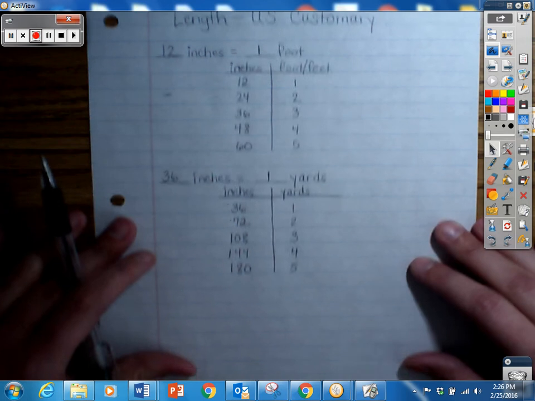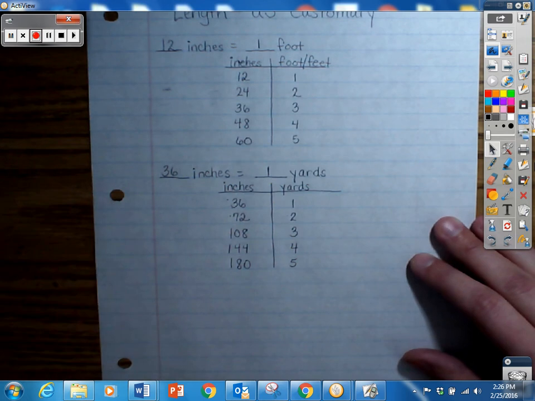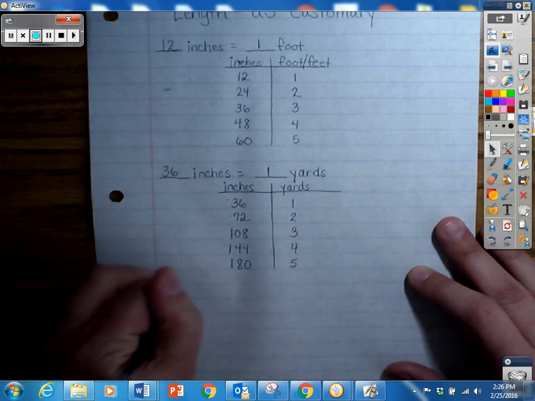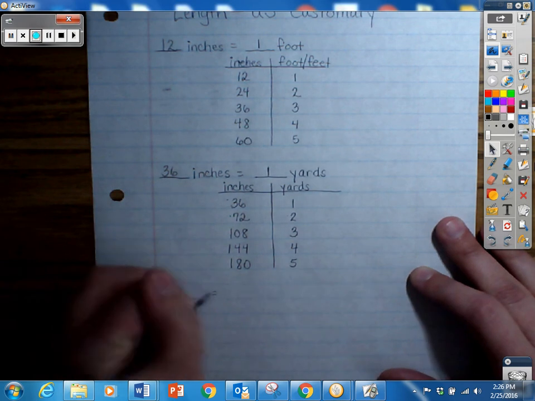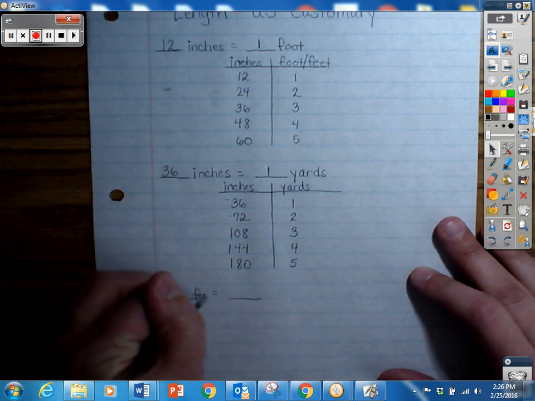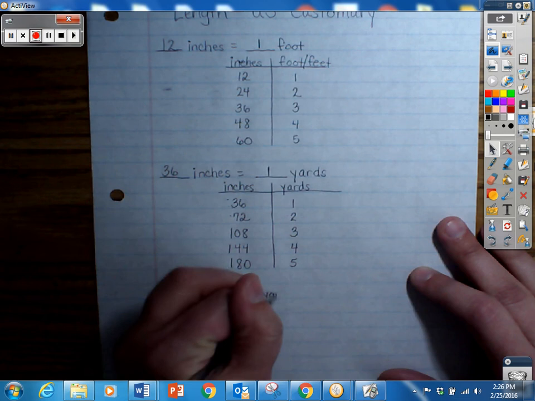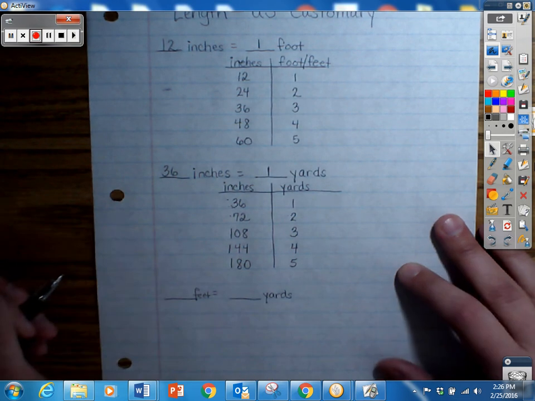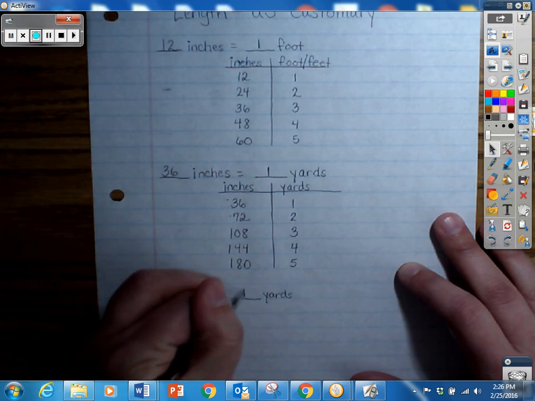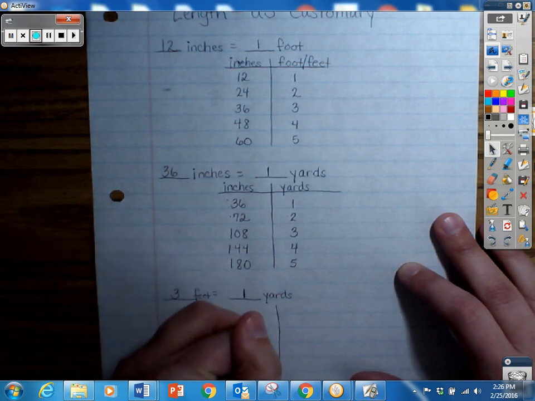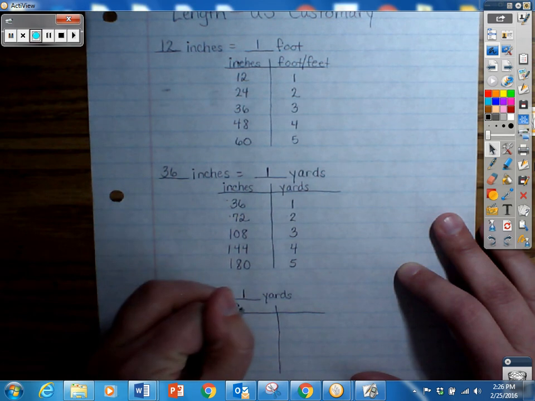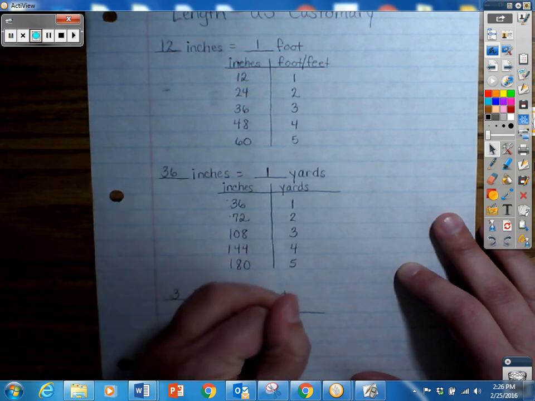Okay? So then we're going to continue down on our customary, and we're going to do feet equals yards. 3 feet equals 1 yard. Feet, yards.